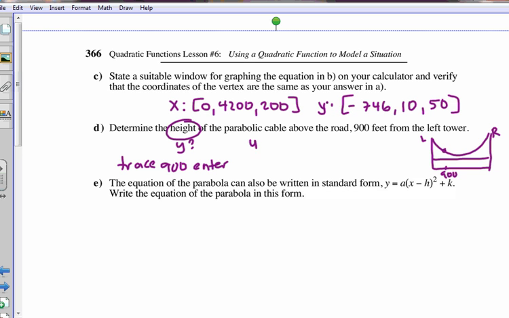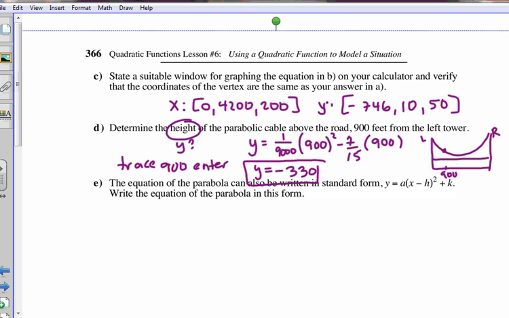Or you could have plugged it in your equation: 1 over 9,000 times 900 squared minus 7 over 15 times 900. And that would also give you negative 330. So what does that mean? Is that the height above the road? Let's go back to our picture.